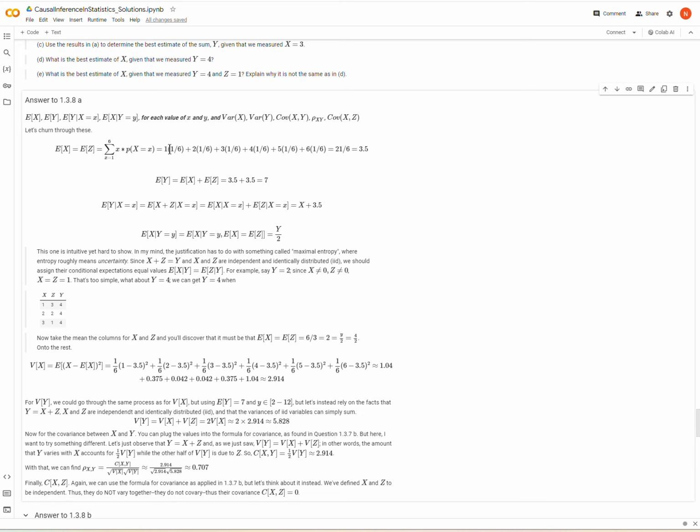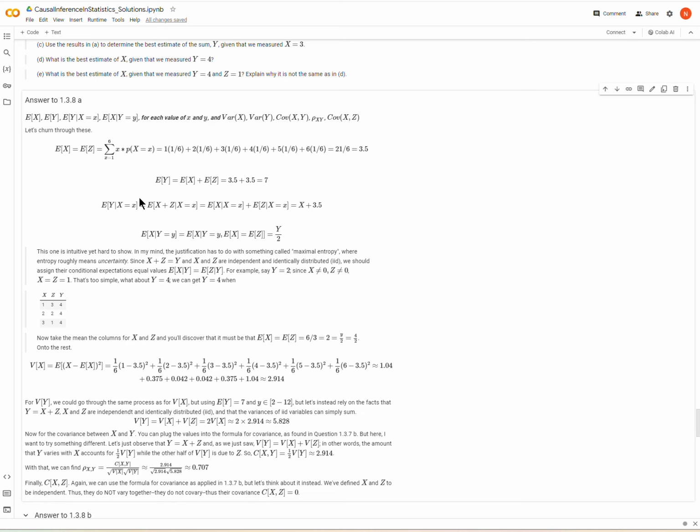So you'd have to go through and figure out all of those calculations, or we can just use the fact that expectations sum linearly, so the expectations of x and z sum to the expectation of y. So we have 3.5 plus 3.5 equals 7.